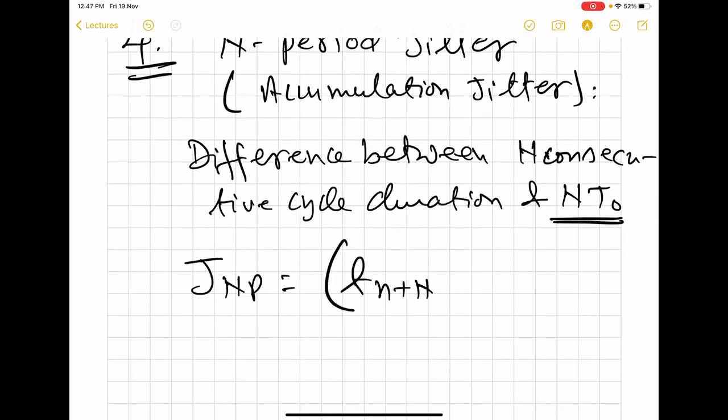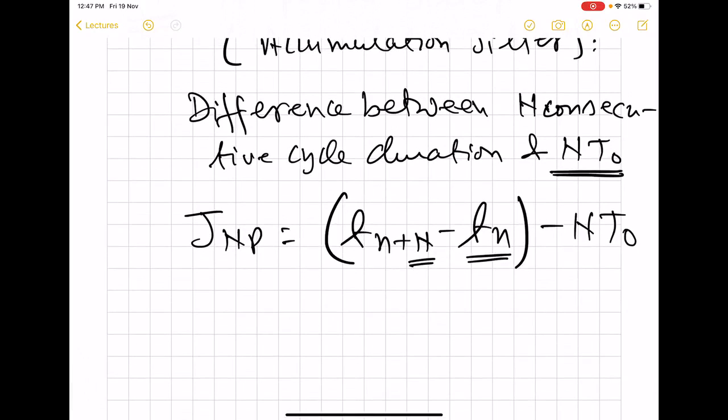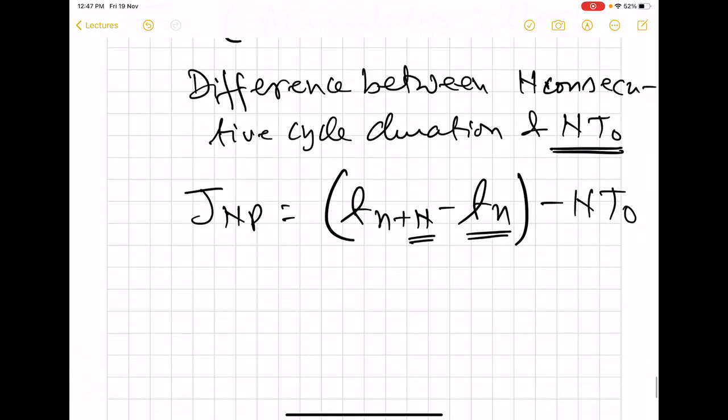So rising edge of n consecutive clocks is going to occur at this moment, and this will be with respect to the nth clock. So after n clocks, we wait for additional capital N number of clocks and find out the difference, and then this difference is compared with the duration of the n cycles of ideal clock. And this can again be converted in terms of the absolute jitter.